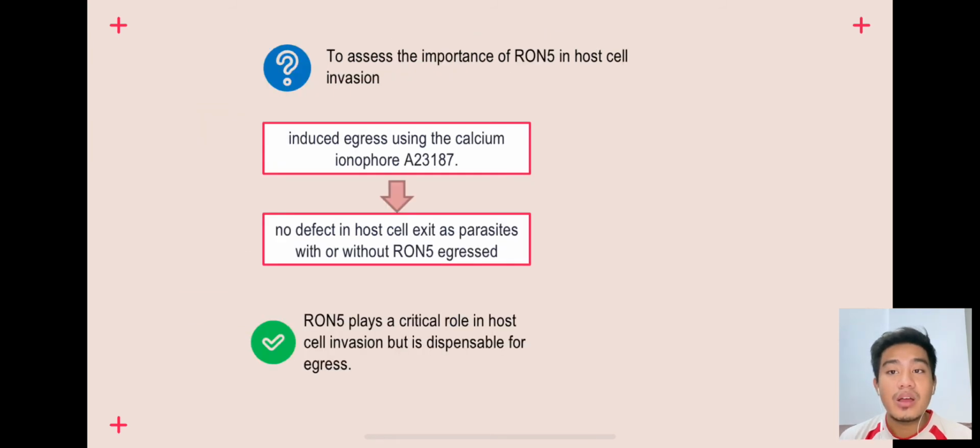Next, egress was induced using the calcium ionophore A23187 to determine the role of RON5 in this process. There was no difference in host cell evacuation under this condition, as parasites with or without RON5 egress with the same efficiency. Overall, these findings show that RON5 is required for host cell invasion but is not required for egress.